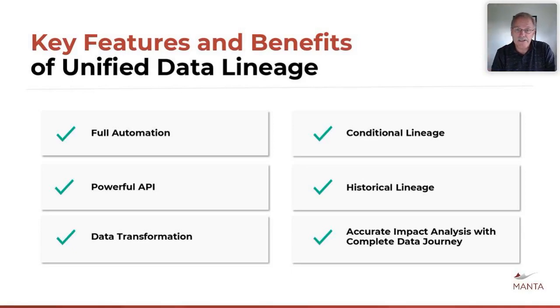MANTA uncovers data transformation, makes all those transformations available to you. It processes conditional lineage. What's conditional lineage? Well, if you think of a system that is responsible for executing all the payments in your environment, that payment system likely has a file or a table of all of the people that it needs to send checks to.